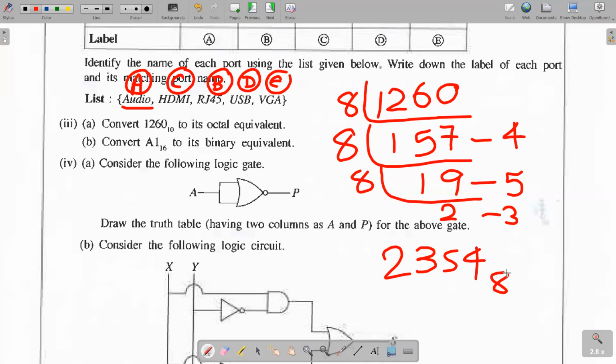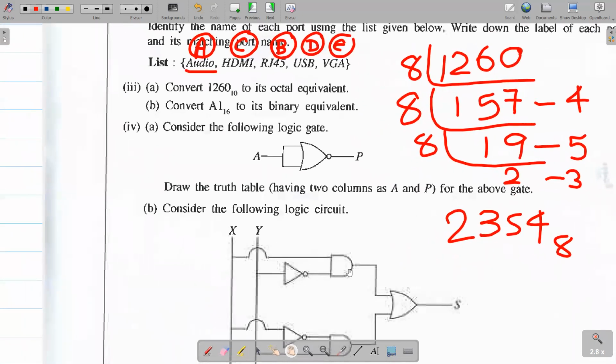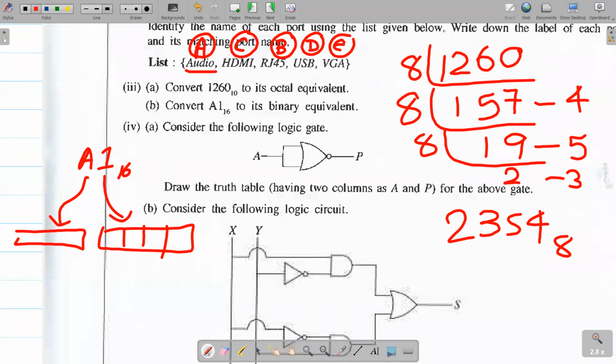And it's asking for A116 in its binary equivalent. In hexadecimal, 1 is going to be written as a 4-bit binary code, and A is written as a 4-bit binary code. The place values are going to be 8, 4, 2, 1. A means 10, people.